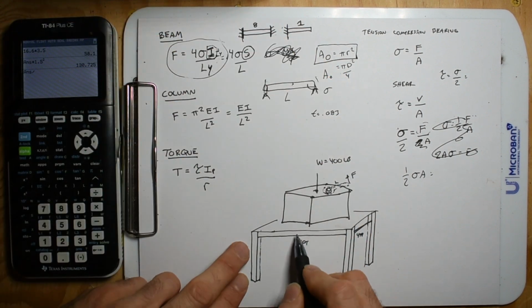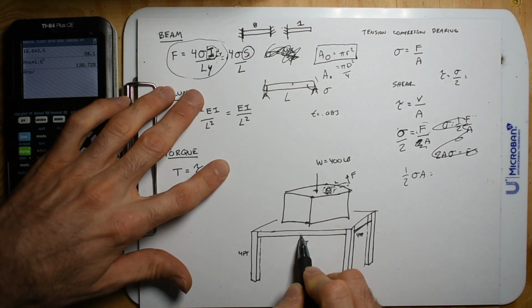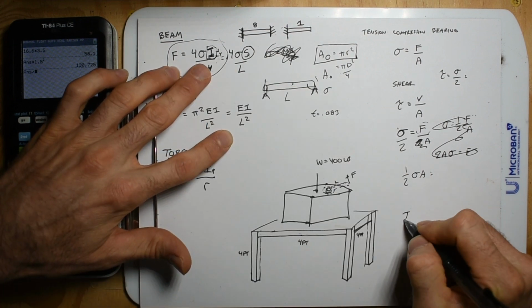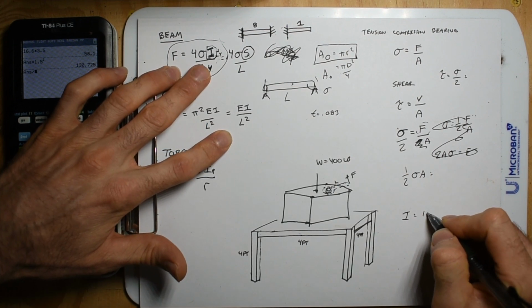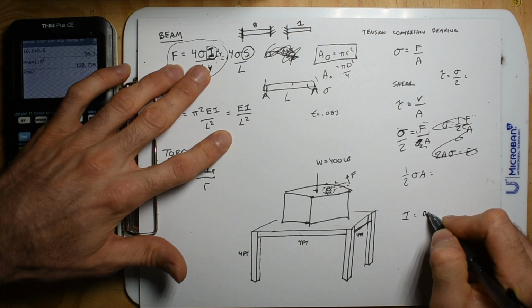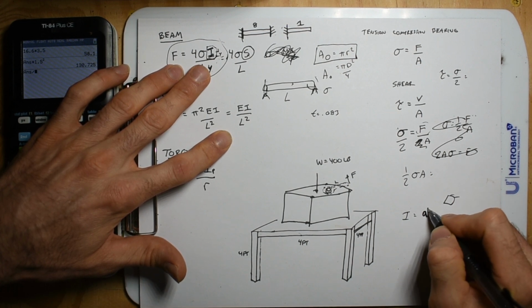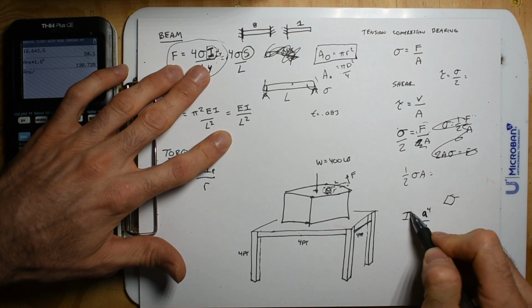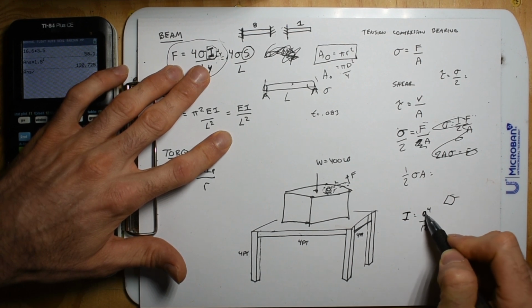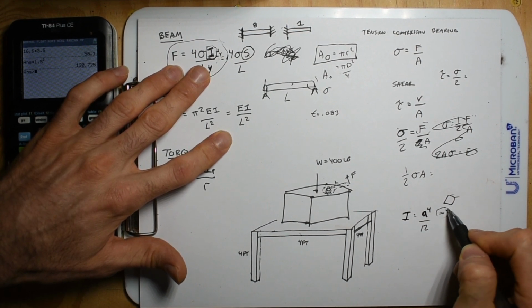If we want to find the bending moment of this beam, we do need this I. For steel, this could be a pretty easy one to remember. If it's a solid square, it's going to be a to the 4th divided by 12. This area moment of inertia is in inches to the 4th.